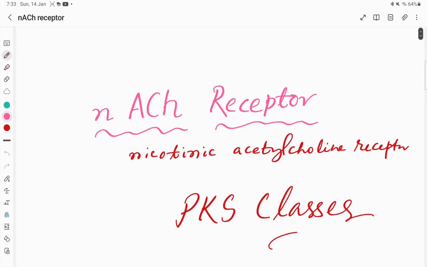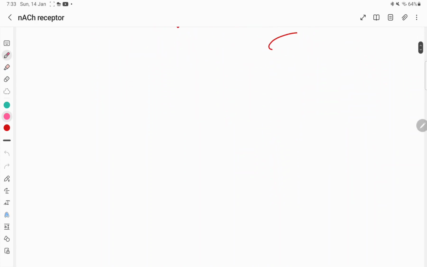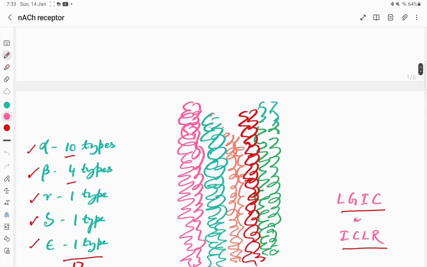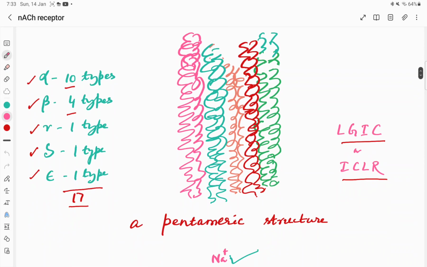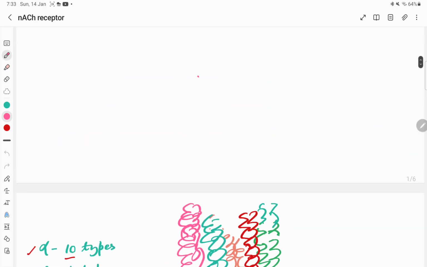Today we are going to study about the nicotinic acetylcholine receptor. So in short we write NACH, nicotinic acetylcholine receptor. As we know, the cholinergic receptors are of two types, muscarinic and nicotinic.